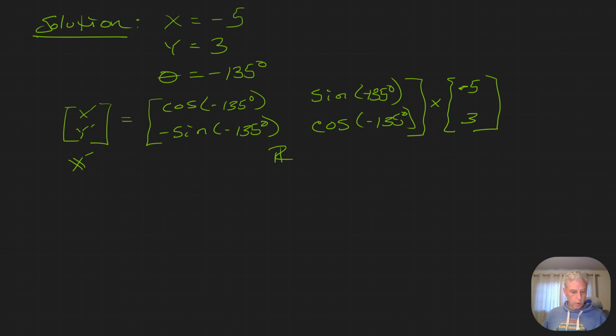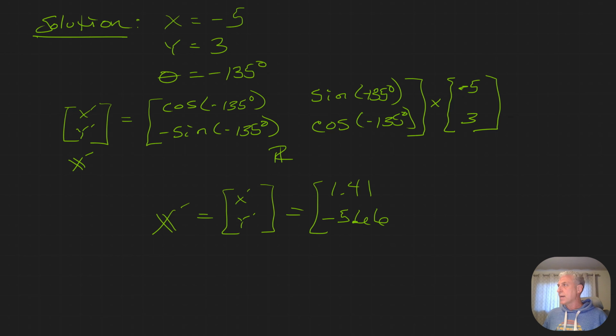If we perform that, we get our x prime, y prime, which is equal to 1.41, that's our new x coordinate in our rotated system, and -5.66. And I think I posted this on Canvas.